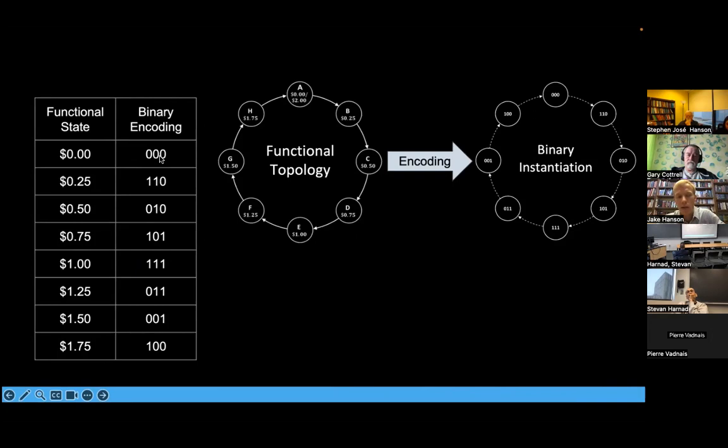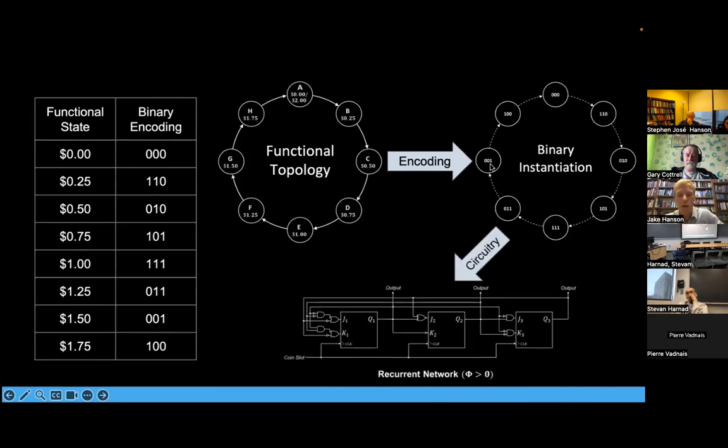There are 8 states, so you need 3 bits, and these are just randomly assigned binary states. Once you have your binary states, that lets you build the circuitry. These are all actual circuits that you can wire up, and if you had a toy toll booth, it could operate a toll booth. But the point is that this encoding leads to a network with feedback and phi greater than 0.